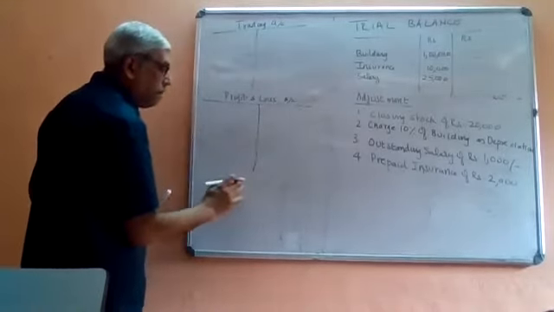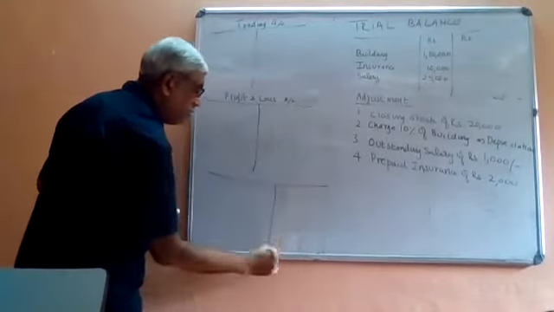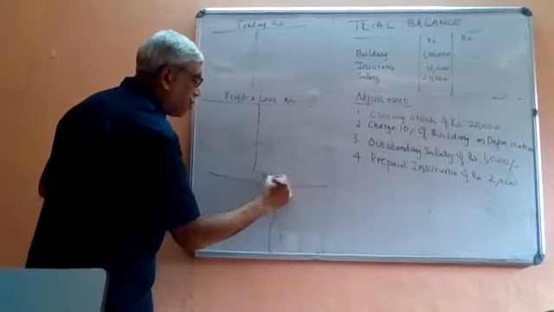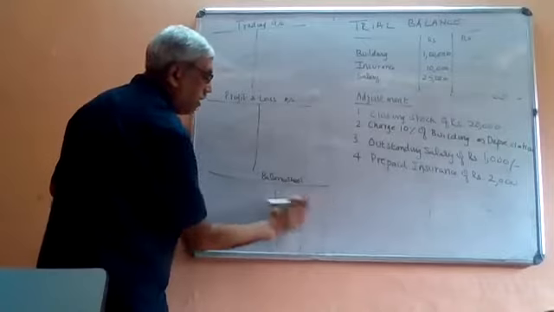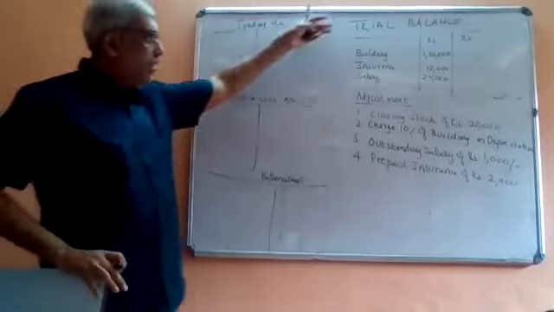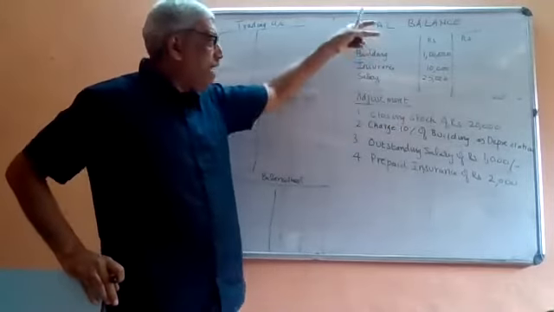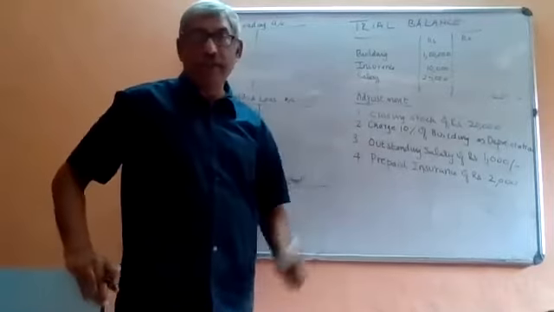And the last is the balance sheet. At present other entries are not given. There may be a lot of entries, but I have taken only three entries: building, insurance, salary, and these are the four adjustments.